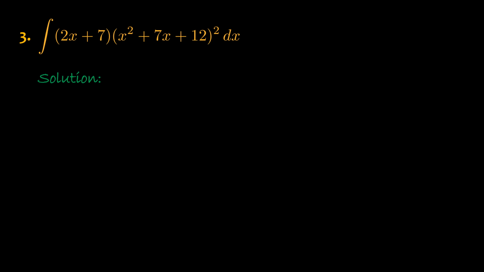Number 3. The integral of quantity 2x plus 7 multiplied by the square of quantity x squared plus 7x plus 12 dx. Solution. Rewrite the integrand and integrate.